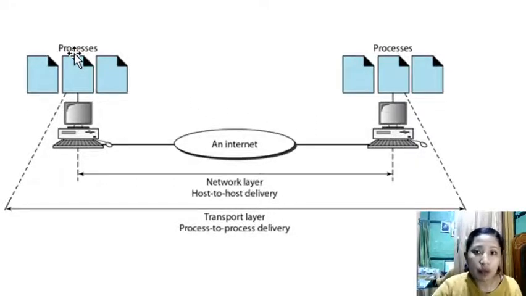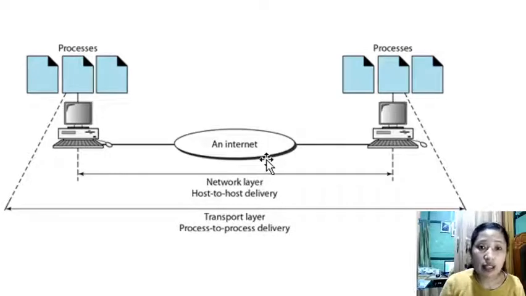Whenever we talk about it, it is not between the sender computer and the receiver computer. It is between one process of the sender computer and one process of the receiving computer. For example, if I'm sending email via Yahoo Mail, Yahoo Mail is a process which is generating my message, and I have a sender computer which is going to forward my message.